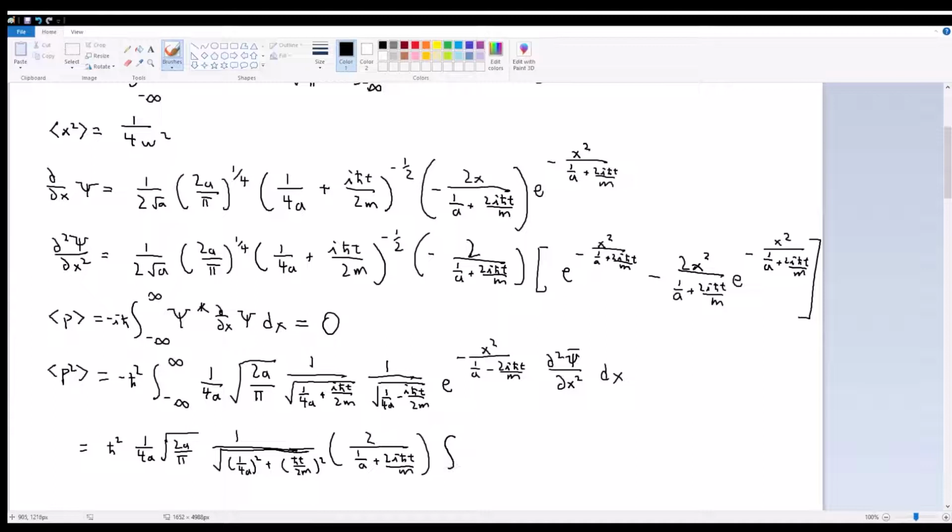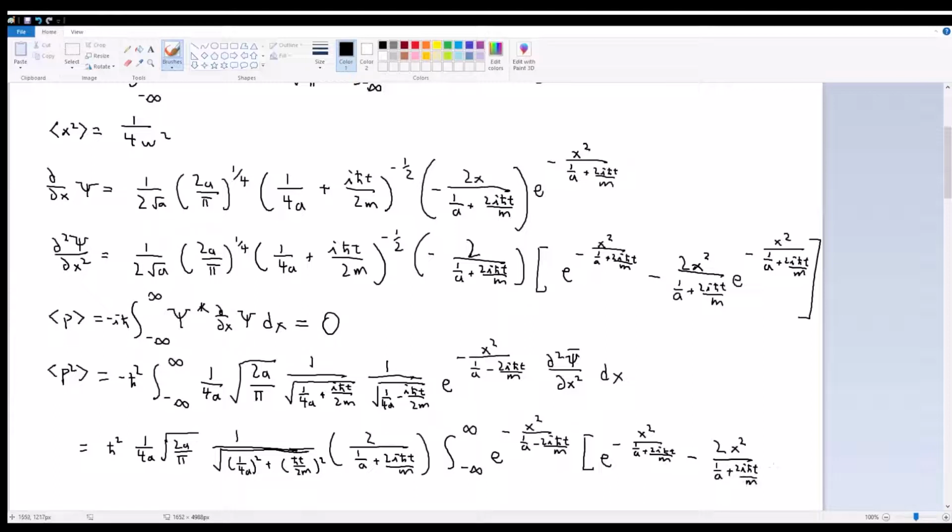And then we have our integral from negative infinity to infinity of e to the negative x squared, 1 over a minus 2i h bar t over m. And then multiplied by this mess, which is e to the negative x squared, 1 over a plus 2i h bar t over m, subtracted by 2x squared, 1 over a plus 2i h bar t over m.